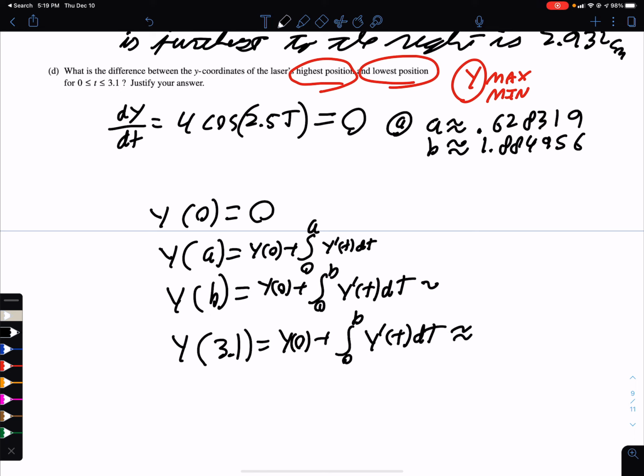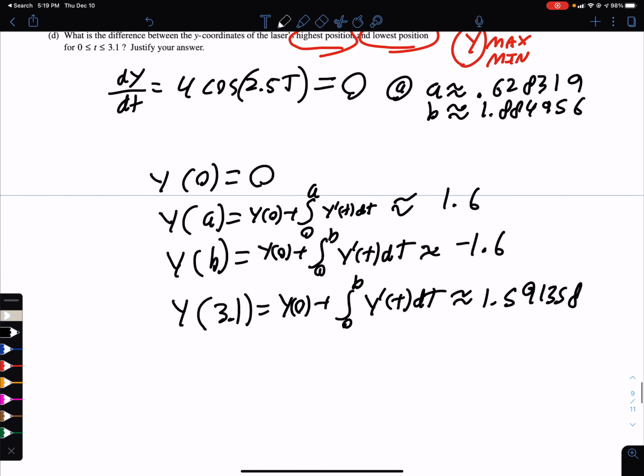All these are done in your calculator. If you pop those in your calculator, this is about 1.6, this is about negative 1.6, and this is about 1.591358. So, what the question asks, what's the difference between the highest and lowest position?